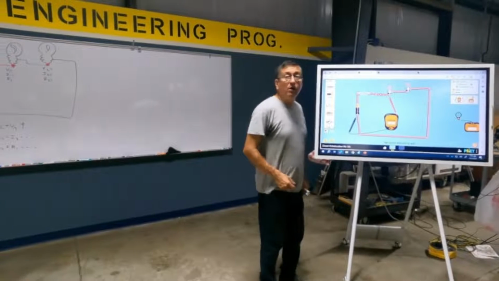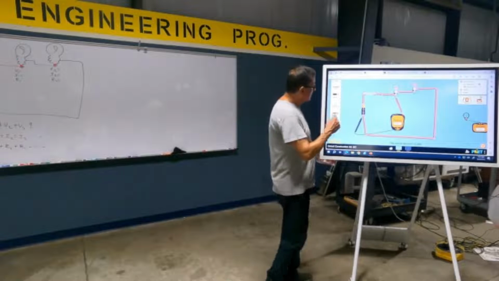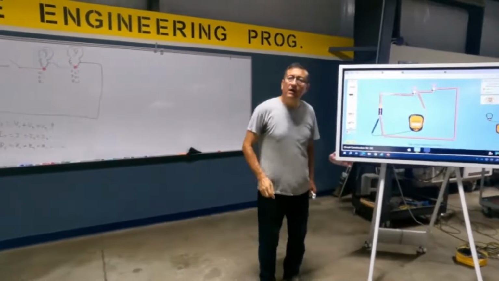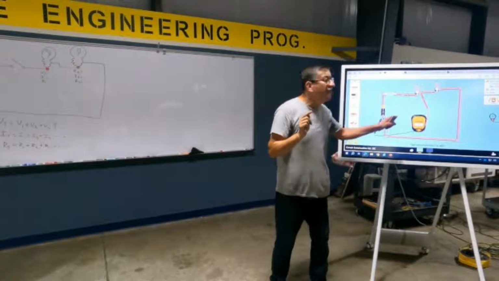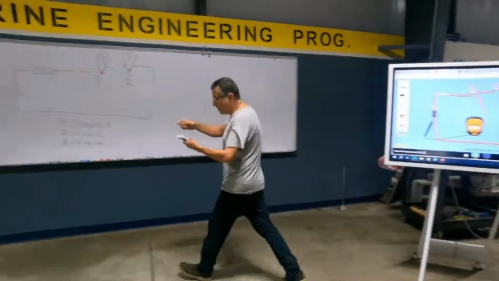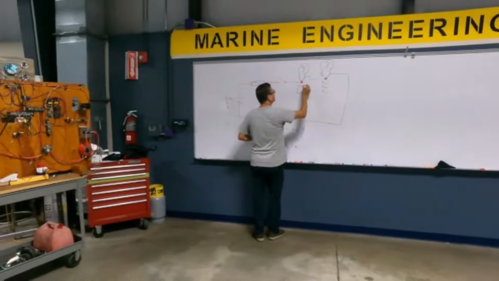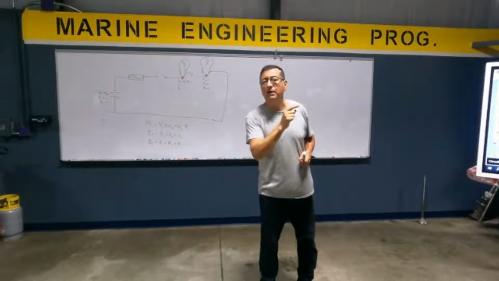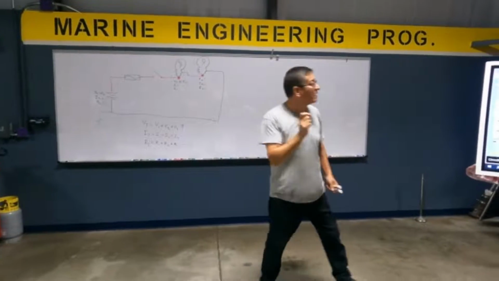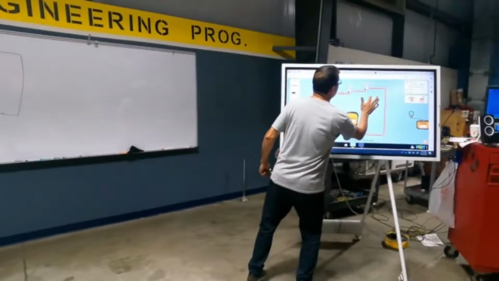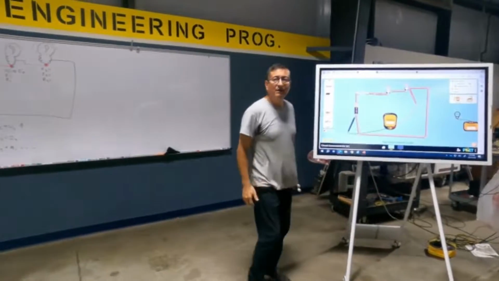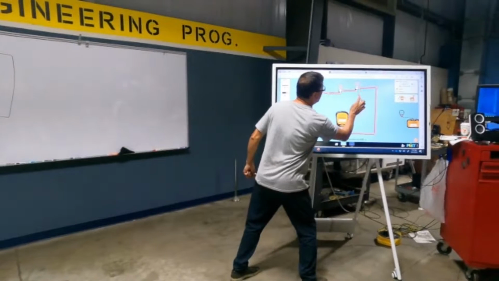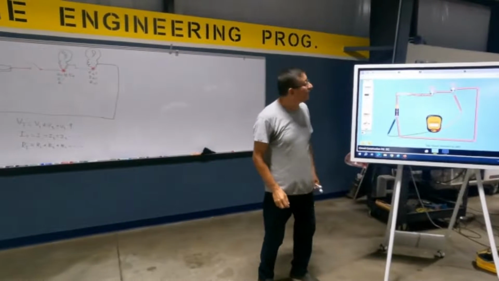What about the voltage here? 4.5 volts. Voltage number 1 is half, because the resistance in both light bulbs is the same. What about the voltage here? 0, because this is the negative terminal. In the positive terminal, 4.5.